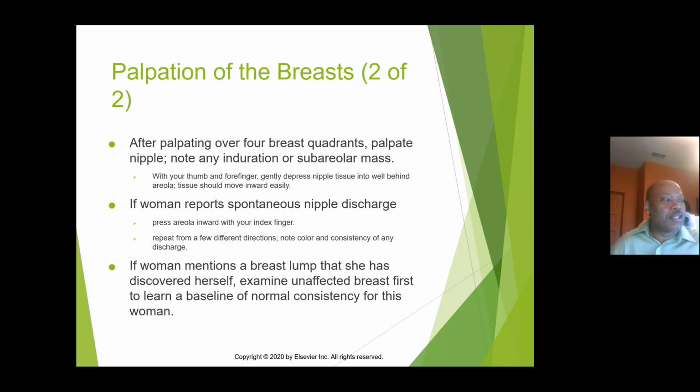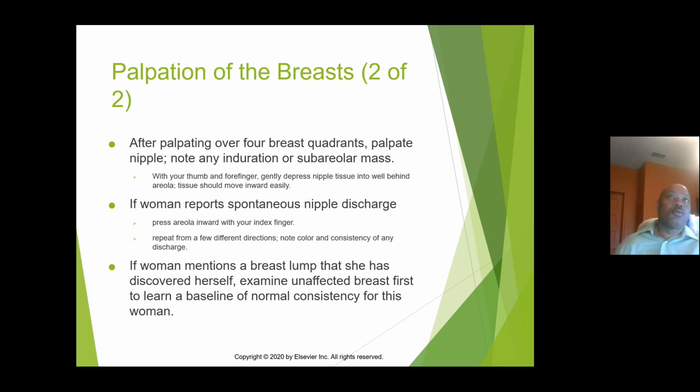All right. Now, if the patient reports to you a breast lump that she's discovered with the self-examination, we want to examine the unaffected breast first to get a baseline as far as the consistency of the breast for this woman. These are the type of questions that we could ask you, by the way, on a test.